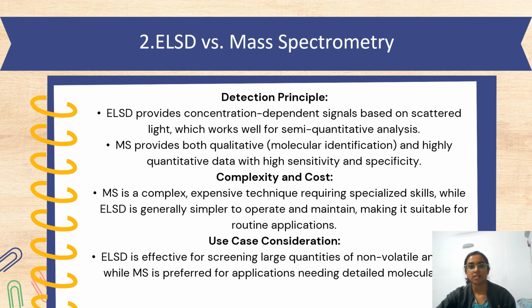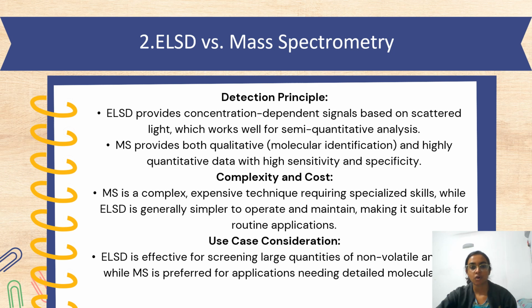Second is ELSD versus mass spectrometry. Its detection principle is that ELSD provides a concentration-dependent signal based on scattered light, which works well for semi-quantitative analysis. Mass spectrometry provides both qualitative and quantitative data with high sensitivity and specificity.